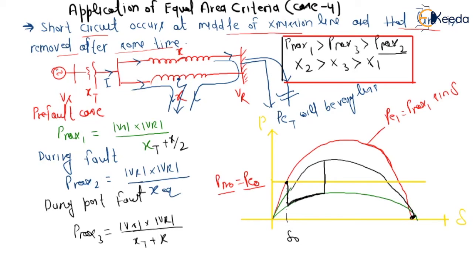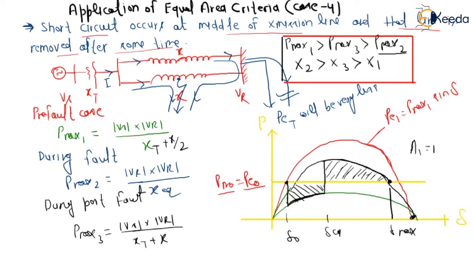The post-fault condition can go to any point, but what I am drawing is the critical point, that is the delta max point, and this is delta Cr. Now if we want to calculate the value of delta Cr, we can calculate it very easily. This is A1, the positive accelerating area, and this is A2, the negative accelerating area. A1 should be equal to A2.